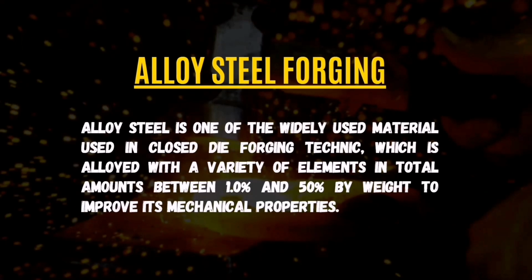Normally, alloy steel is made to get desired physical characteristics in the steel. Alloy steel is one of the widely used materials in the closed-die forging technique, which is alloyed with a variety of elements in total amount between 1.0 and 50% by weight to improve its mechanical properties.